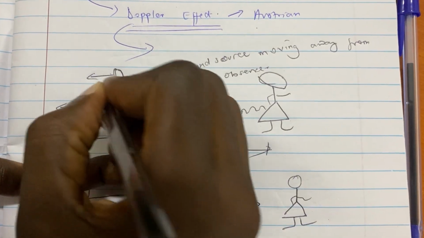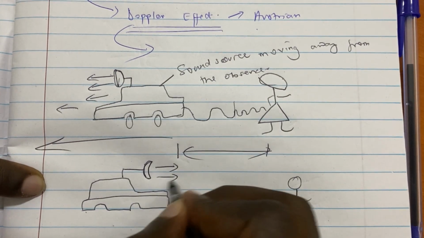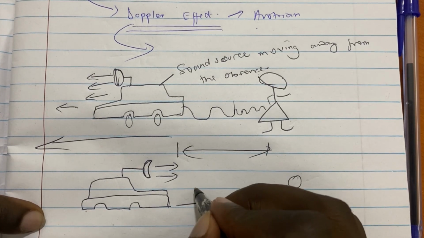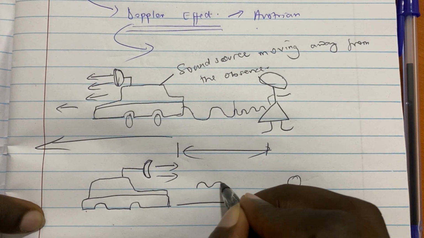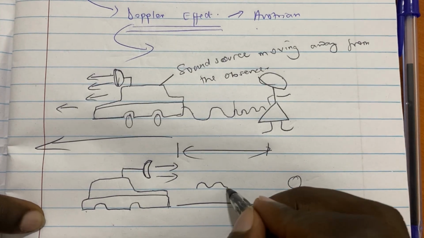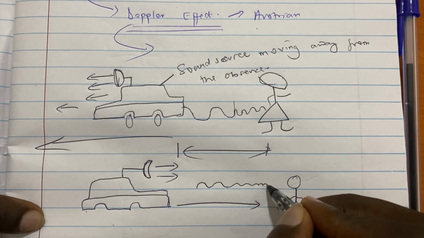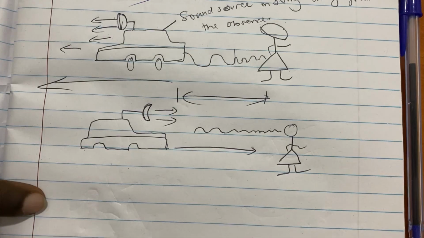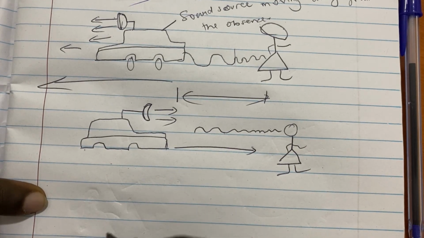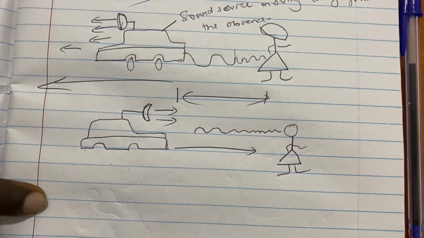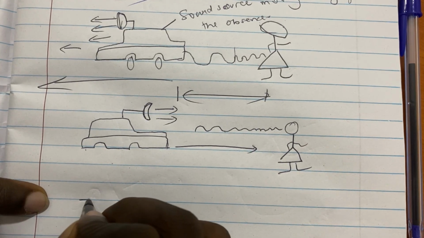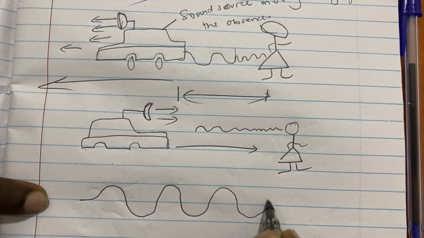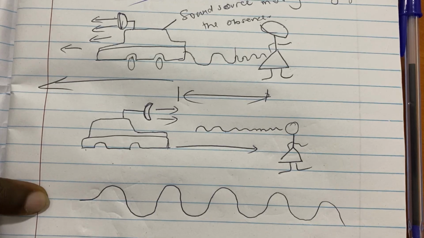It emits sound waves, and as it comes closer to you, they keep on increasing like that. Like sound waves, electromagnetic waves move in this format. We have to understand this so far.